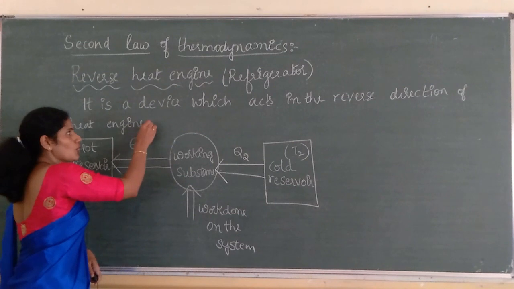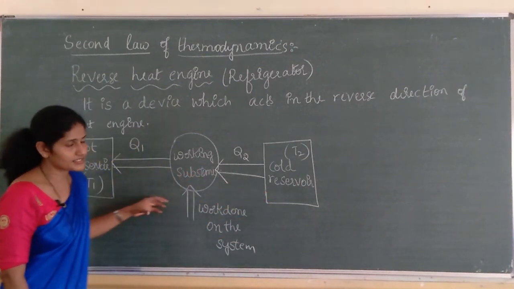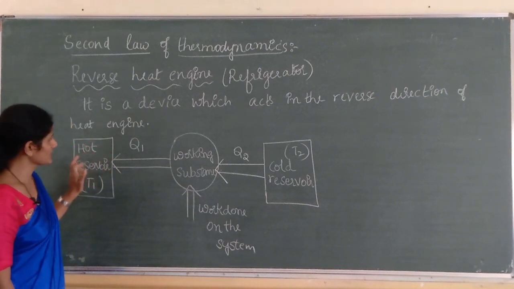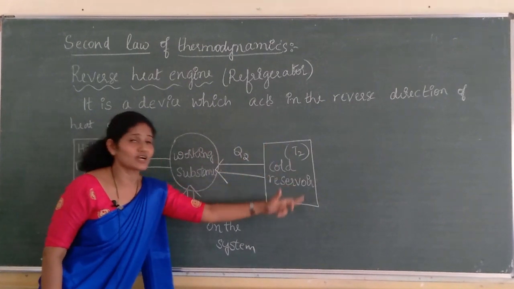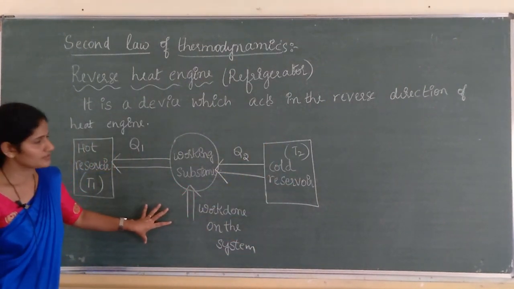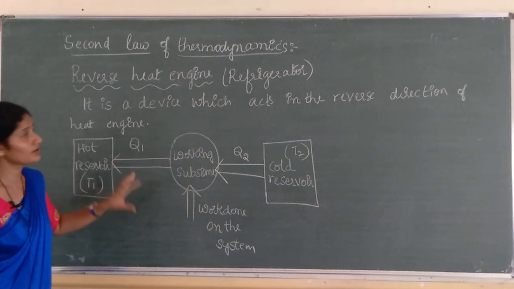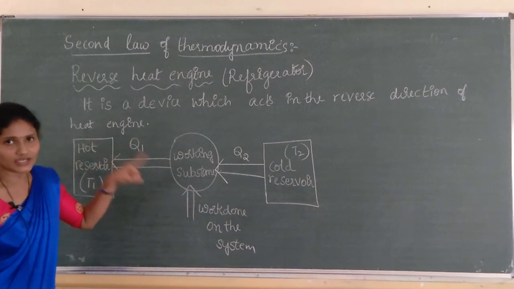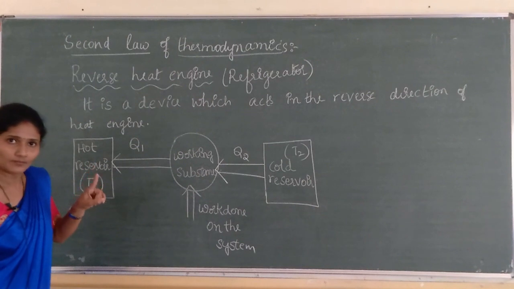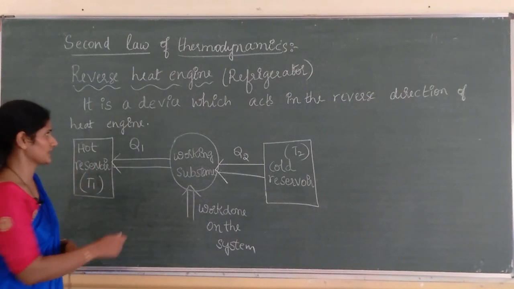That means it absorbs heat from the cold reservoir and releases heat to the hot reservoir. So, this is the schematic diagram of the reverse heat engine or the refrigerator. So, a reverse heat engine always absorbs heat from the colder object and releases heat to the hotter object.